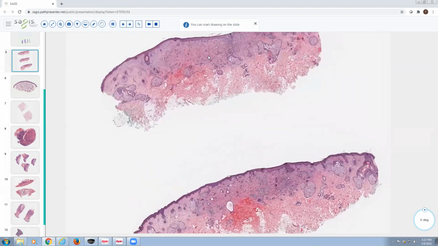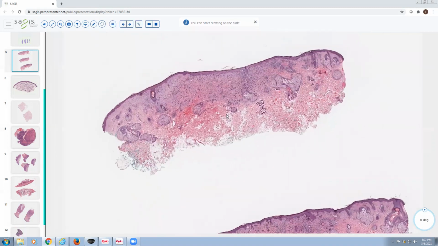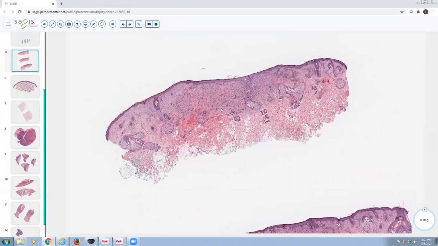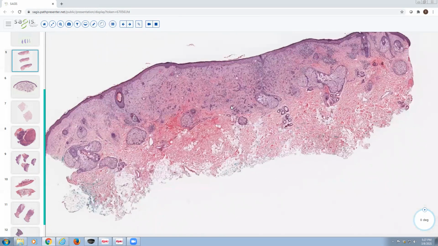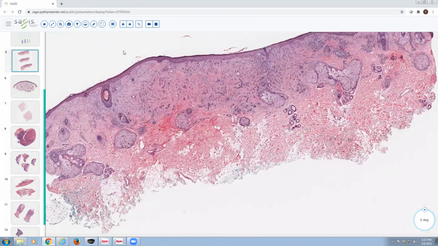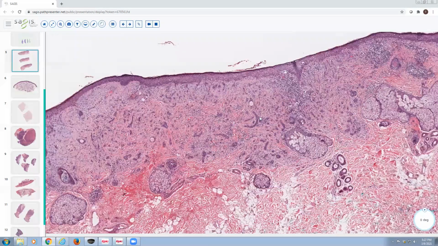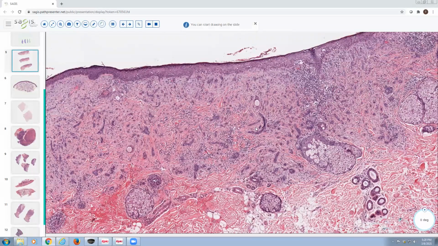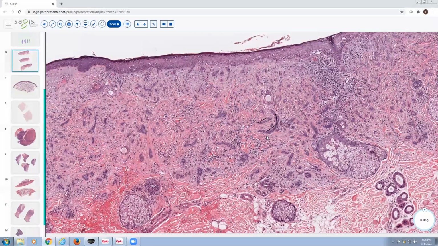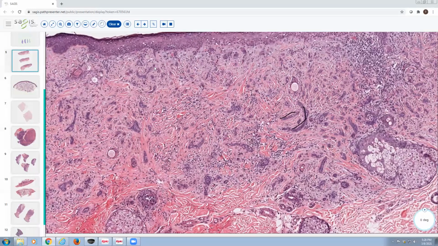So it's superficially situated. As we go in on higher magnification, I can see that we're dealing with a neoplasm that is epithelial, and it's arranged as thin cords and strands. So not nodules, but thin cords and strands, situated in a cellular and fibrotic stroma.